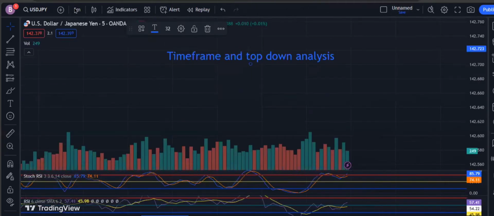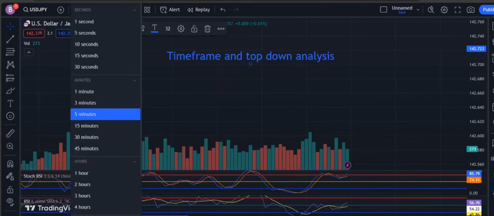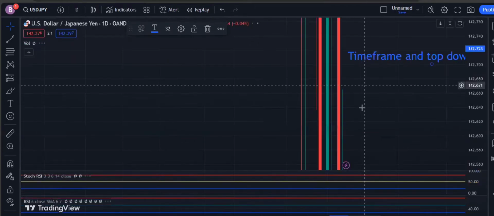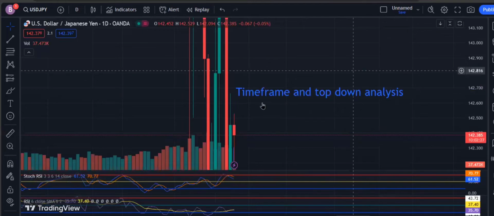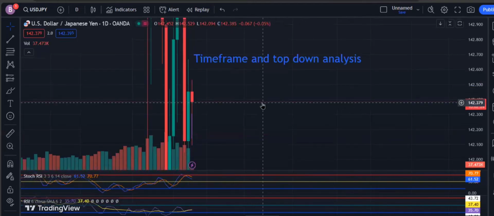And then we can have the daily time frame here. So what I do on my chart daily is I have all of these time frames split from the daily to the hourly, 45, 30, 15 minutes, down to my execution time frame, which is 5 minutes.